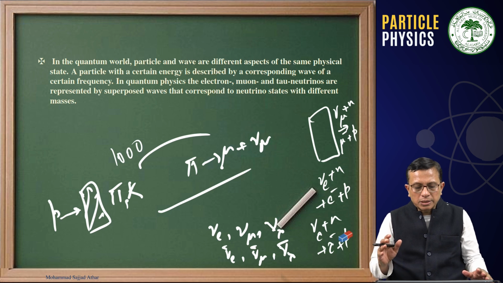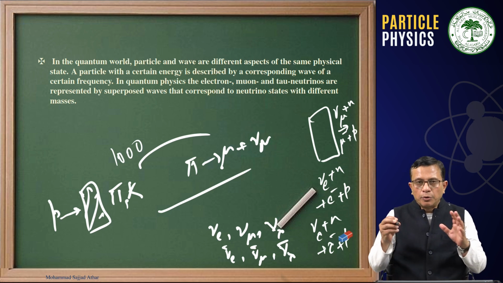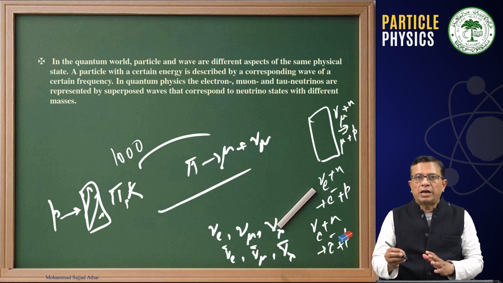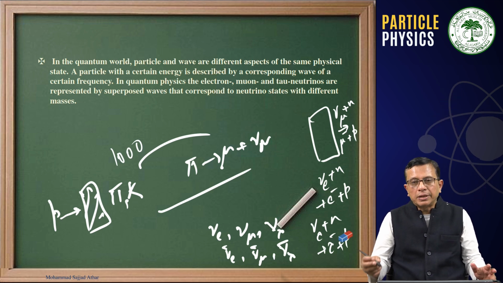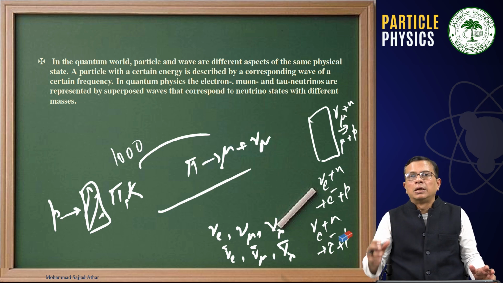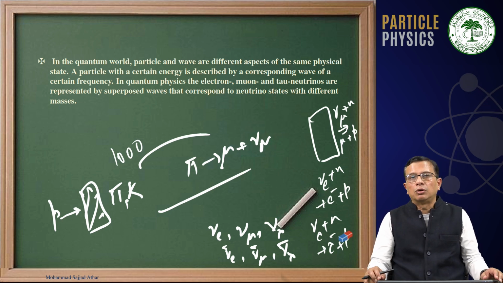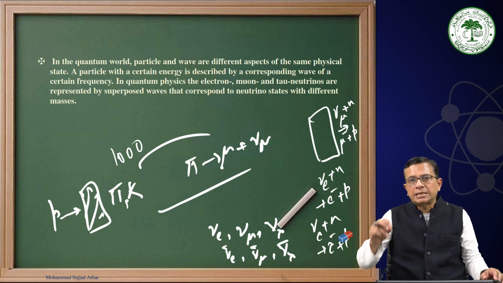Therefore, what we are saying is that when a nu mu is traveling, it does not travel as nu mu, but it travels as a combination of, say, in the two flavor neutrino oscillation, mass eigenstates nu 1 and nu 2.